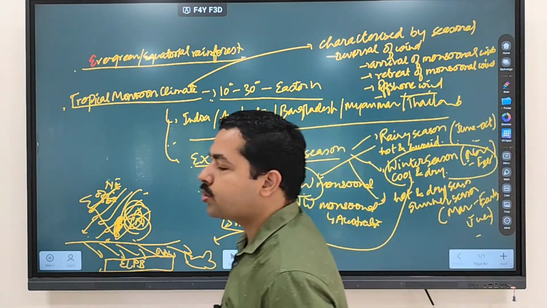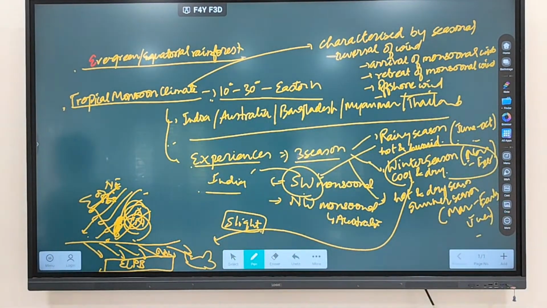So arrival of monsoonal wind, retreat of monsoonal wind, as well as offshore wind. These are the important parts that you find with regard to the tropical monsoon climate. So it is characterized by which type of wind? It is characterized by seasonal reversal of wind, arrival of monsoonal wind, retreat of monsoonal wind, as well as offshore wind. Fine.